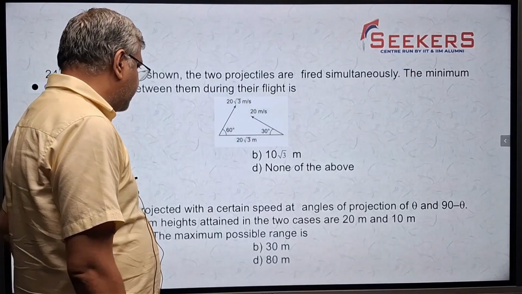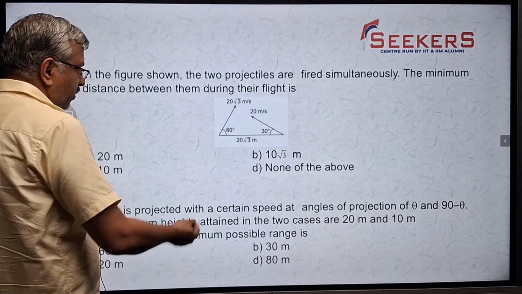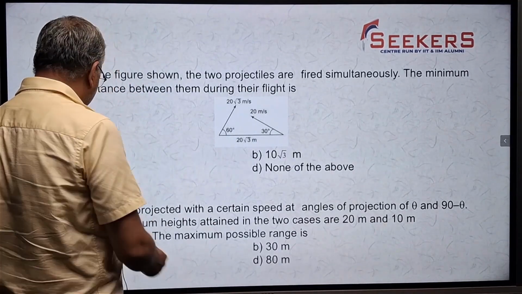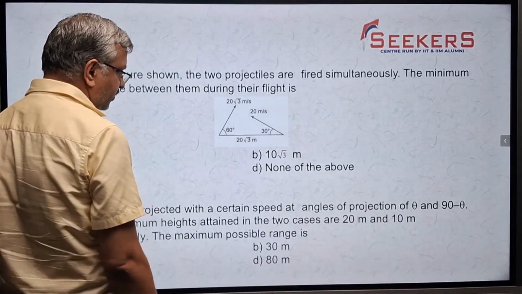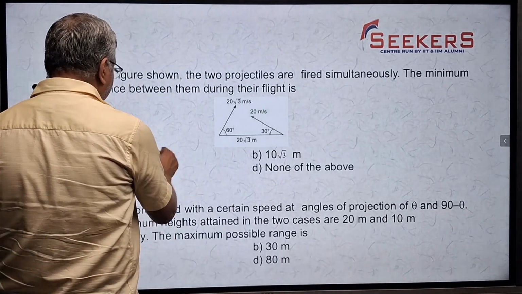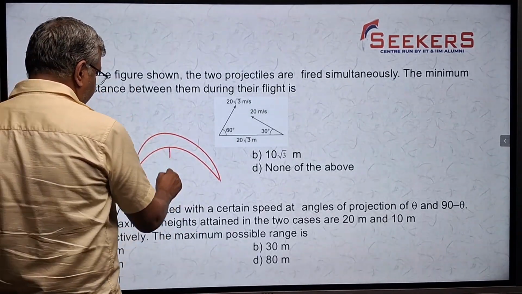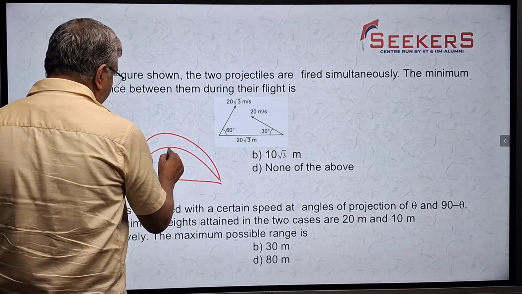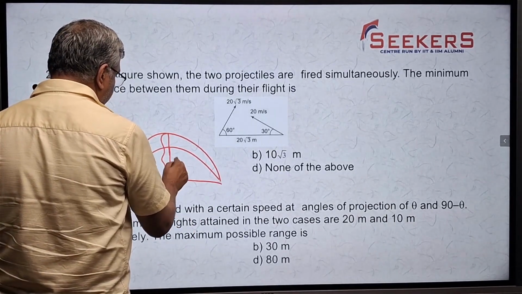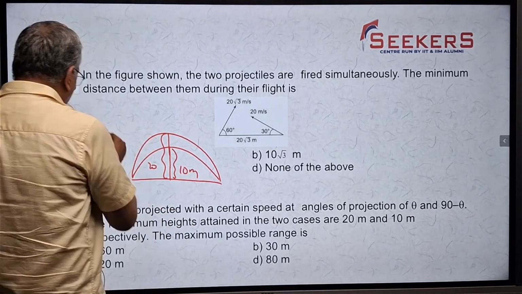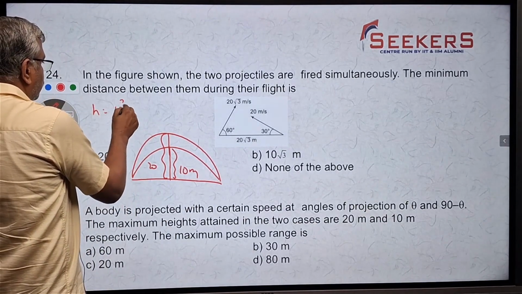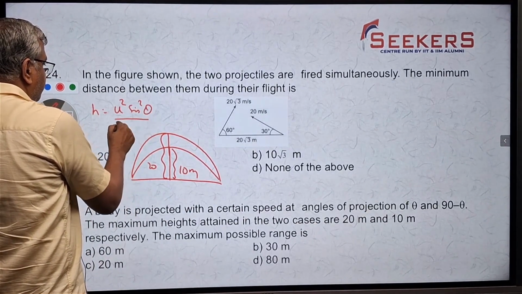A body is projected with a certain speed at angles of projection theta. One is projected at theta and one is projected at theta minus 90. The maximum heights attained in the two cases are 20 meters and 10 meters. The height attained is equal to u squared sine squared theta by 2g.